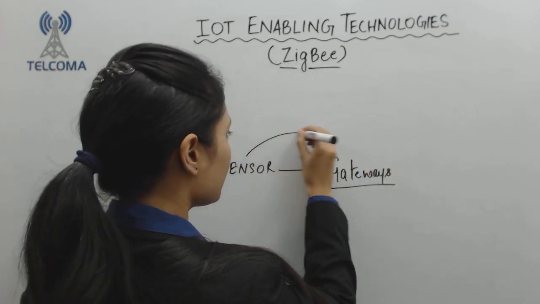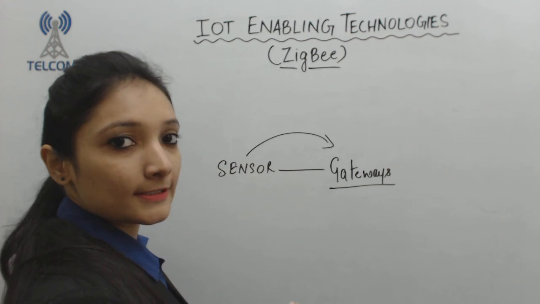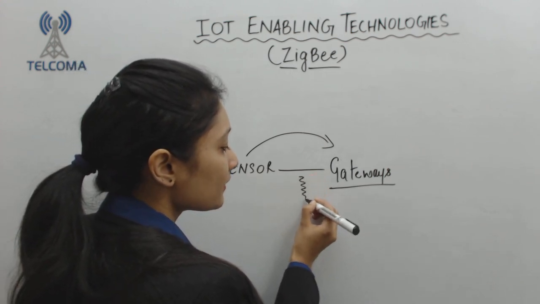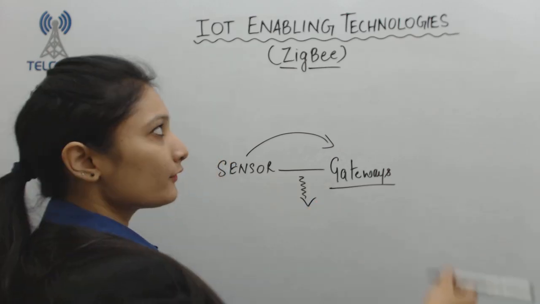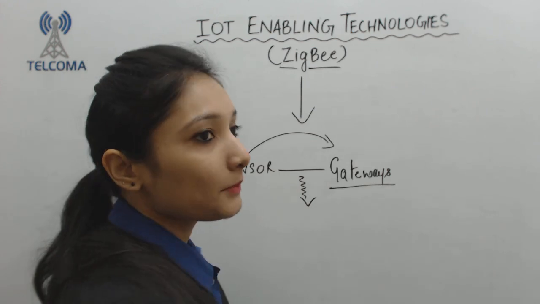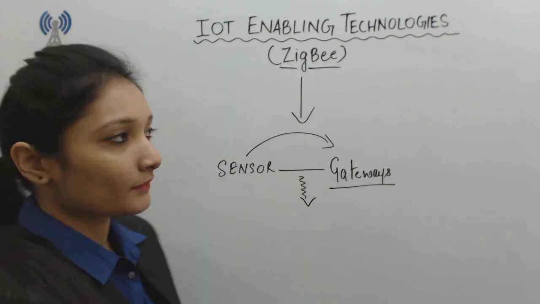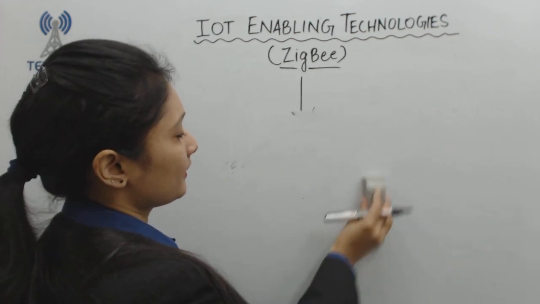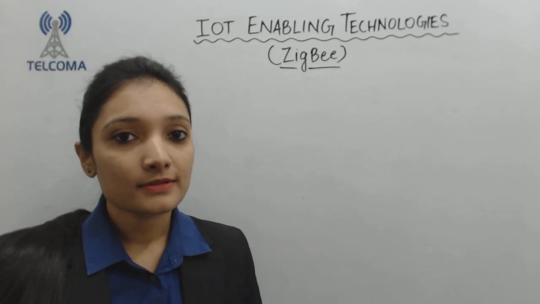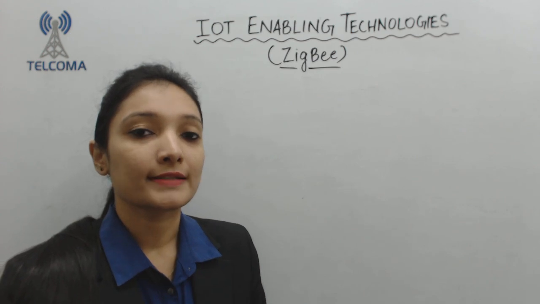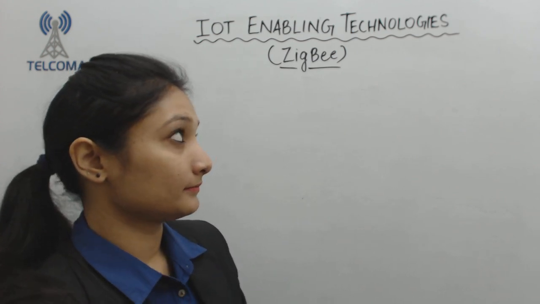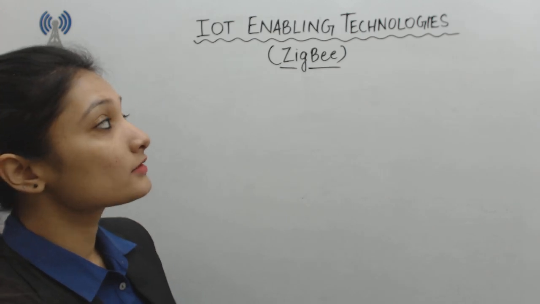So that means if this sensor device here needs to send information to a certain gateway, you need a certain technology here. Like for your personal area networks, you have this Zigbee technology here. So this is a wireless personal area network technique which provides data rates up to 250 kbps and a channel bandwidth of like 5 megahertz.